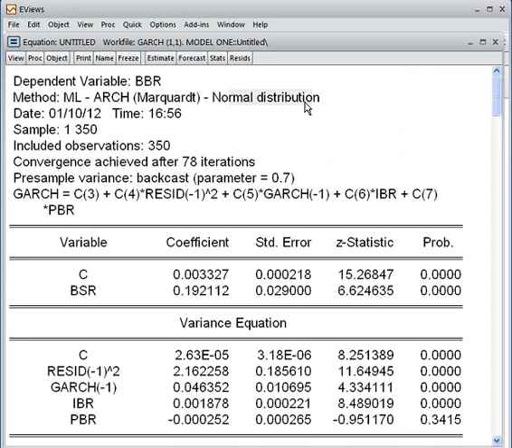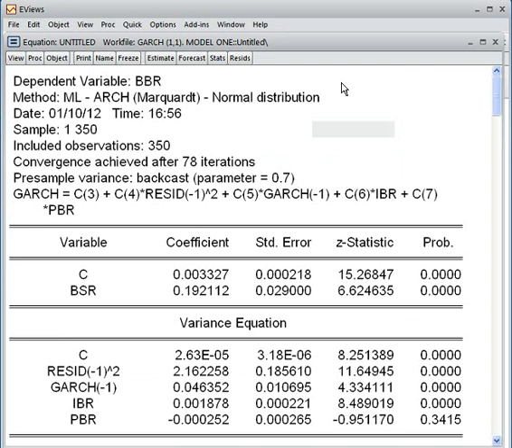A GARCH model will be best when there is no serial correlation, the residuals are normally distributed, and there is no ARCH effect. When these three things are present, then the model is the best.